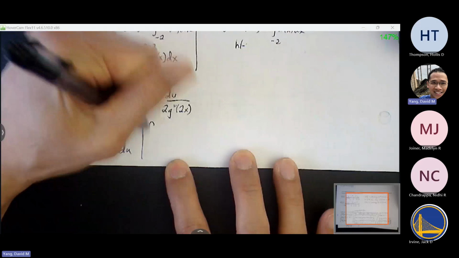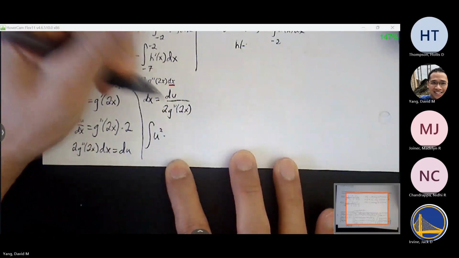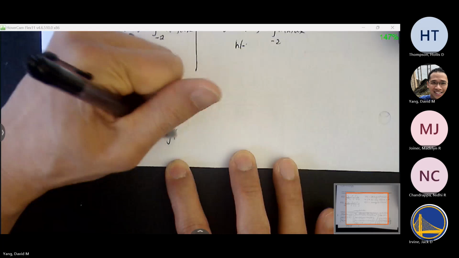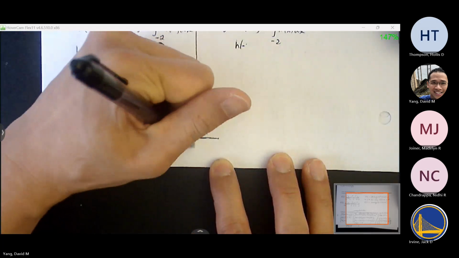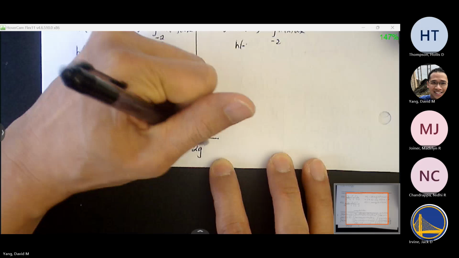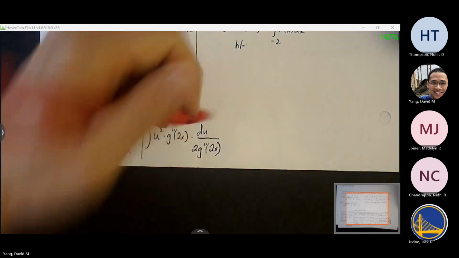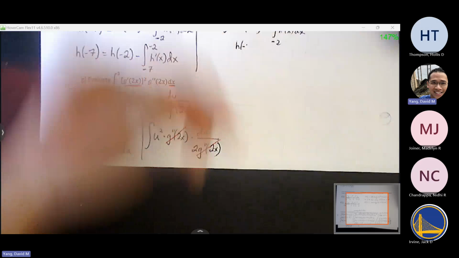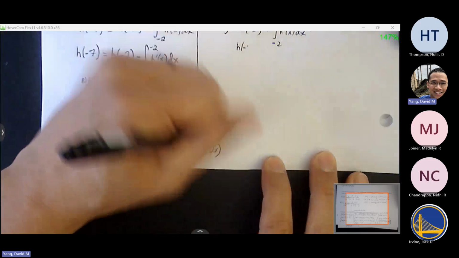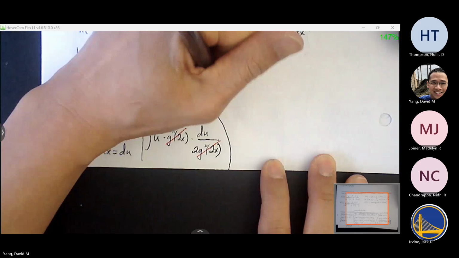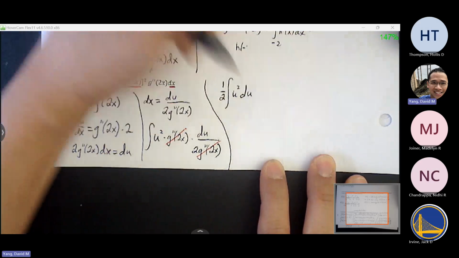Make your substitution. g double prime, g double prime. We do have a leftover 1/2 that needs to come out. But after that, it should be a rule that we recognize.